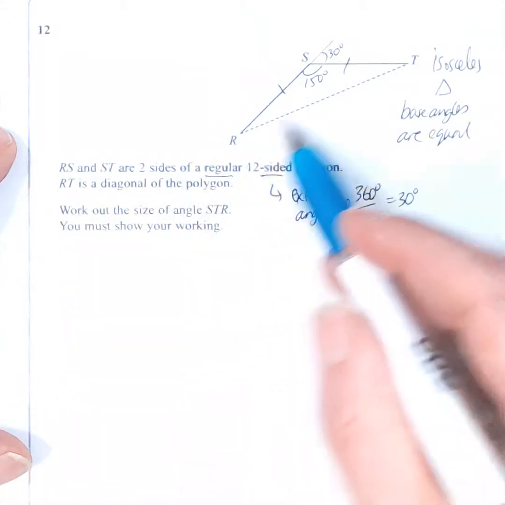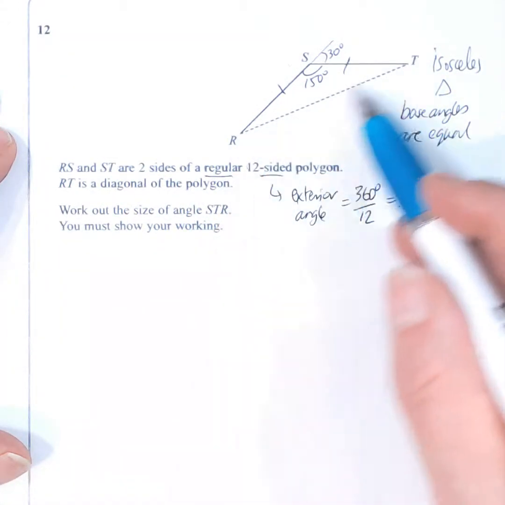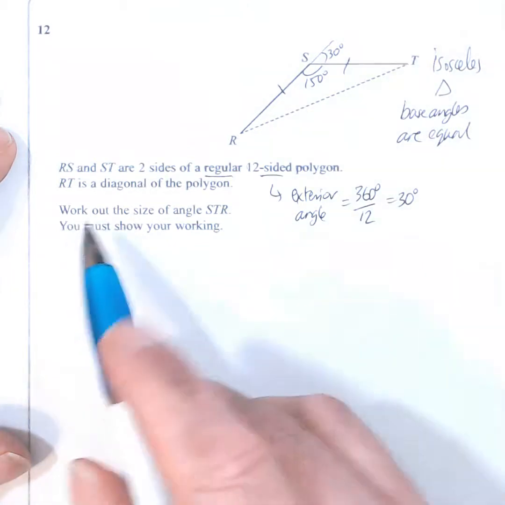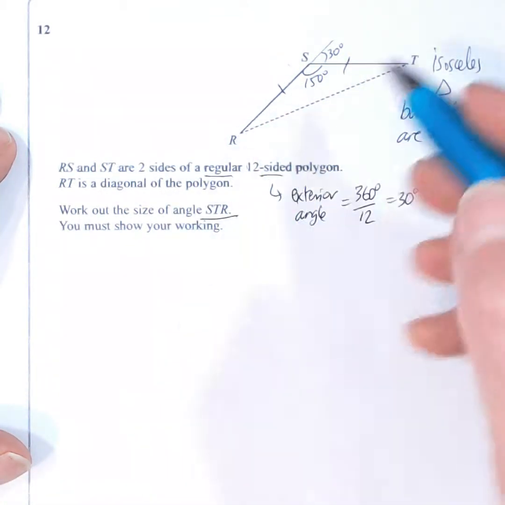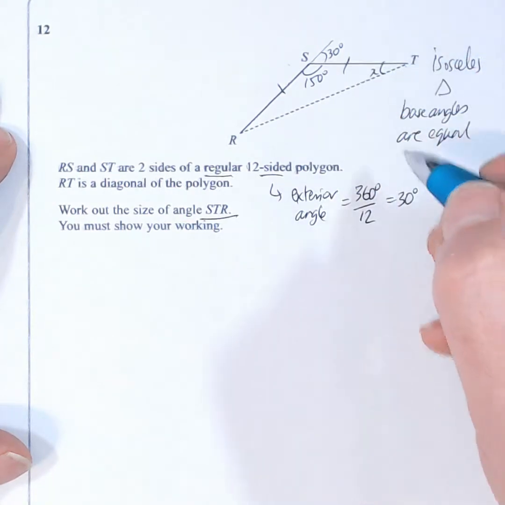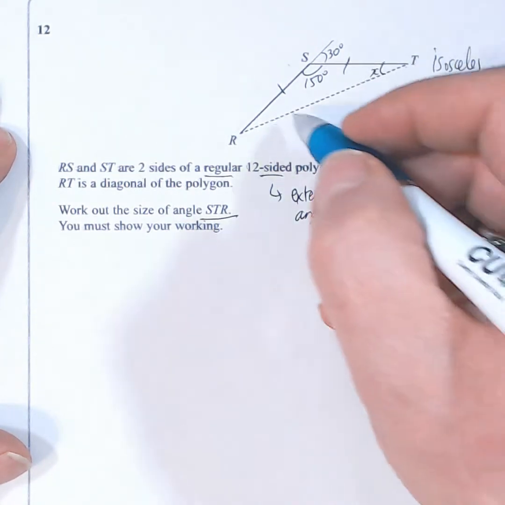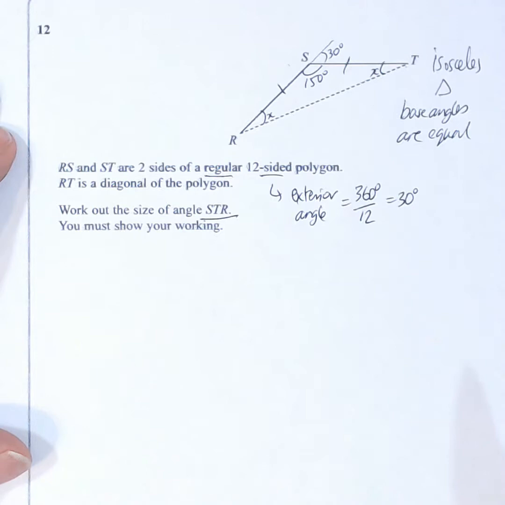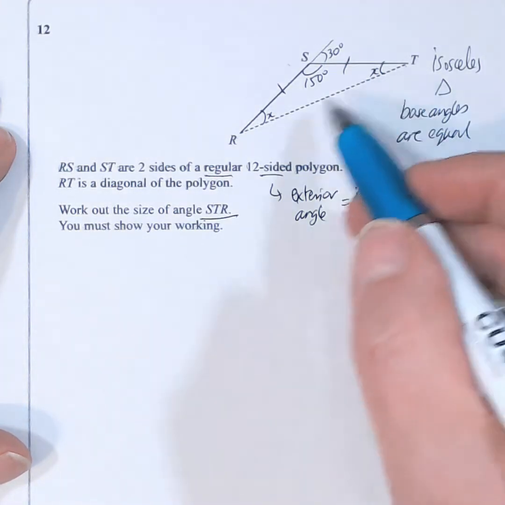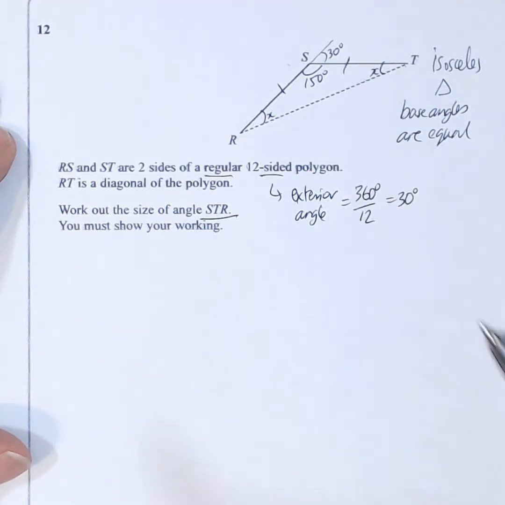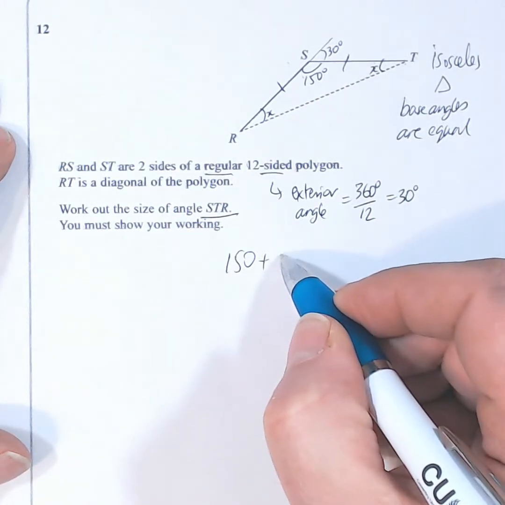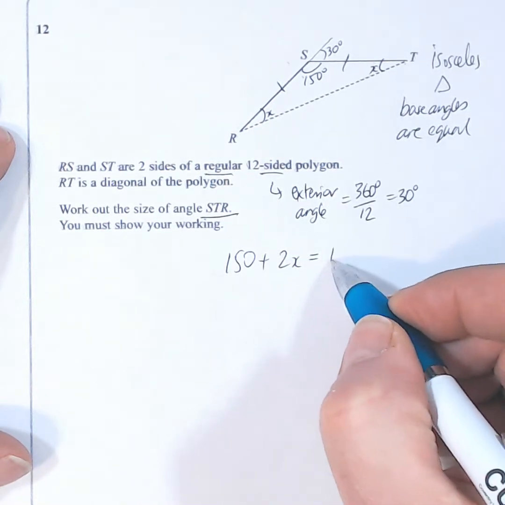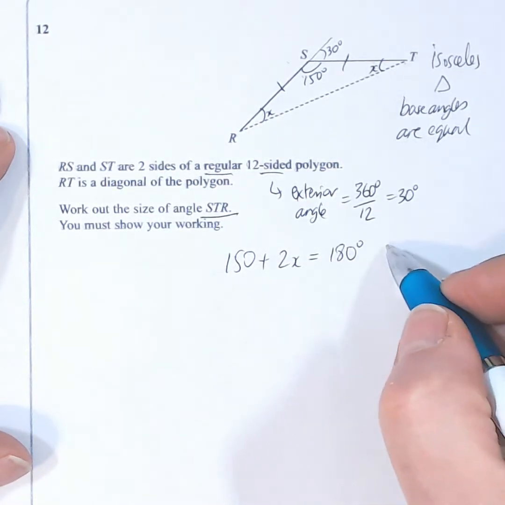RT is the diagonal, so that's just going from one vertex to another. Work out the size of the angle STR, so here's our x. But because it's an isosceles triangle, this also is x, an unknown. We don't know it yet. But because we've got x's involved, we can create an equation and solve it, because we know that angles in a triangle add up to 180 degrees. So we know that 150 plus 2x must equal 180 degrees.